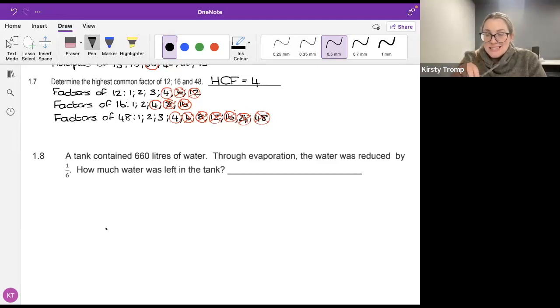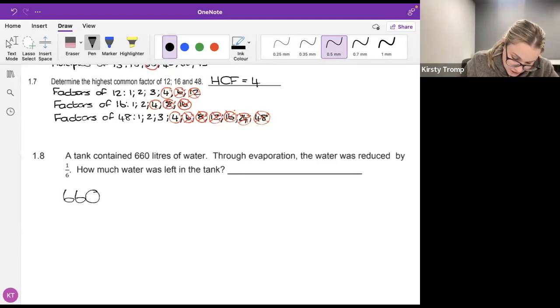So the water went down by 1/6. How much water was left in the tank? So we started with 660 liters. And do you agree it's a good idea to find out how much 1/6 will be?